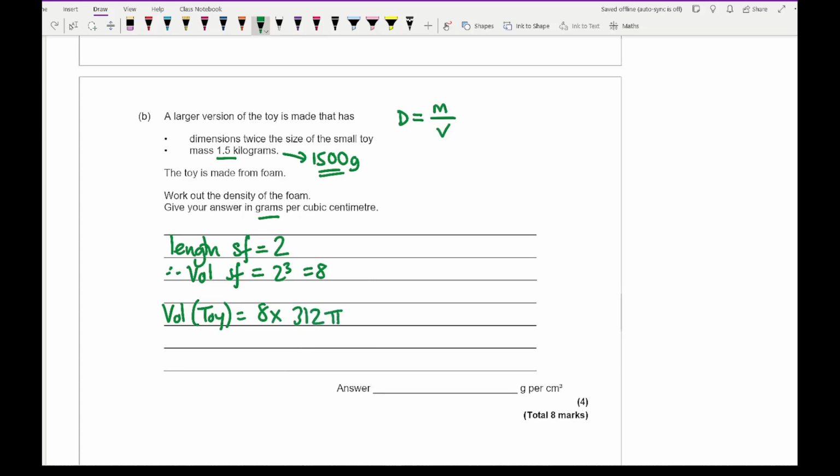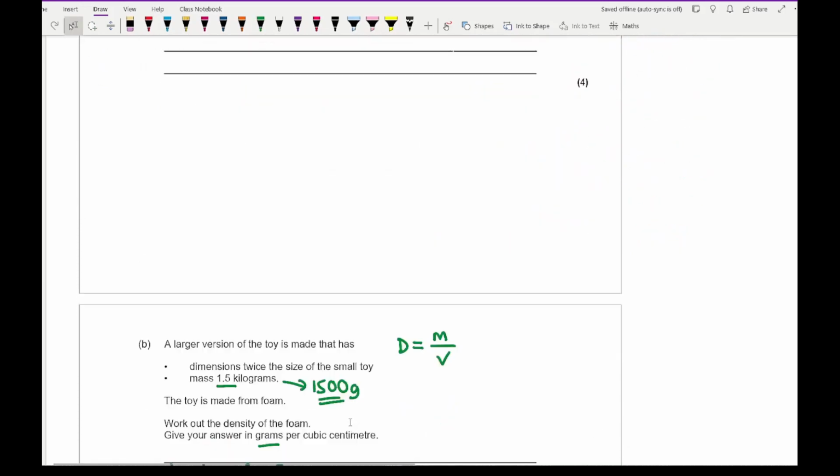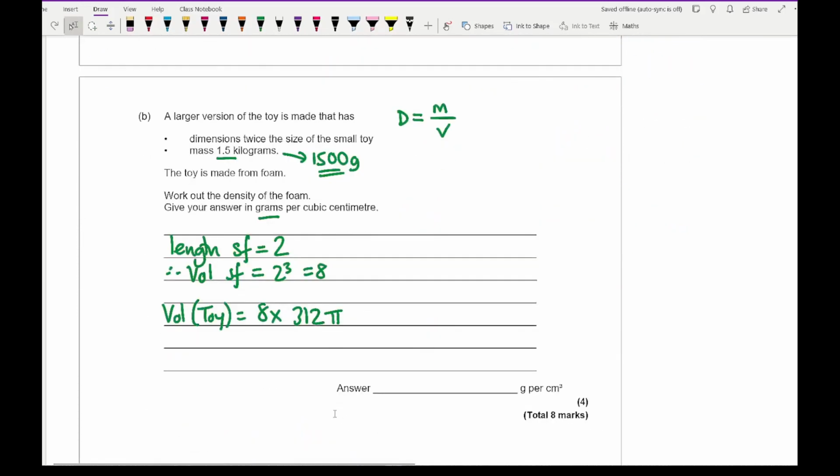Now alternately, you could have gone the route of changing each of these dimensions to 12 and this to 28, and then done the whole process again. But if you think smart, you won't actually need to do that. So this then equals 2496 pi.